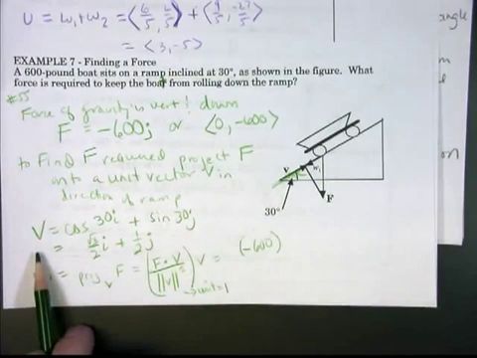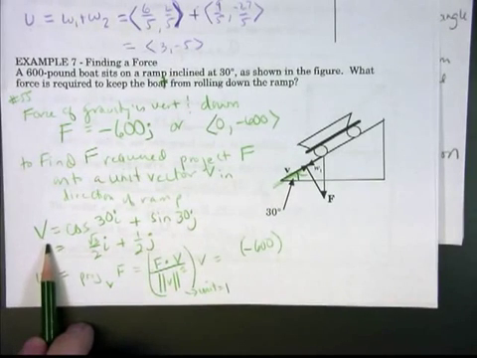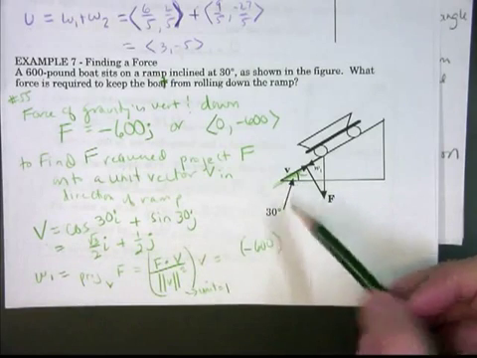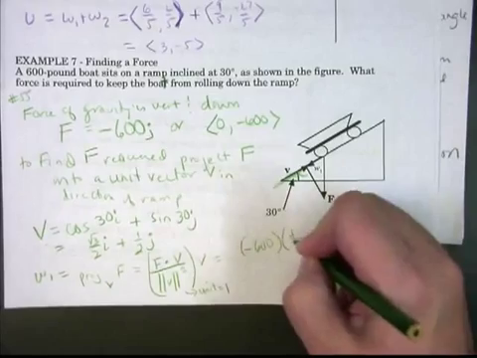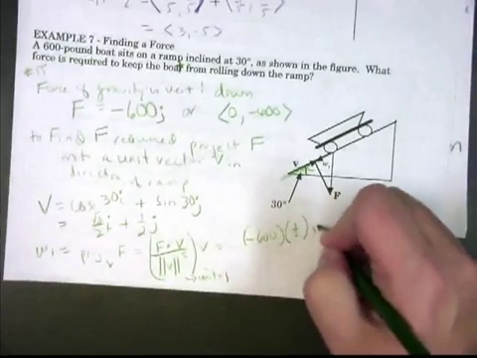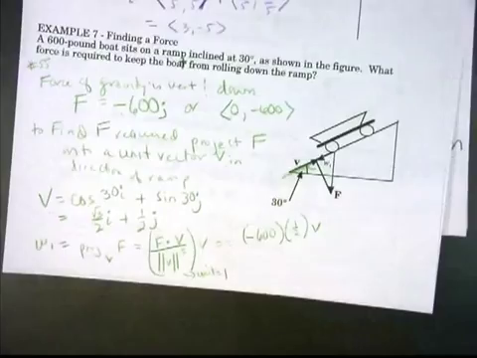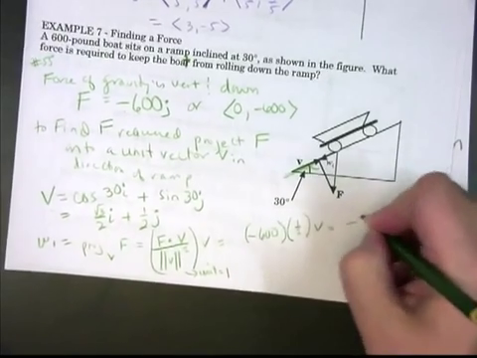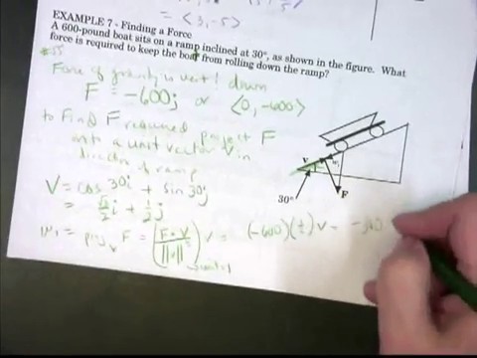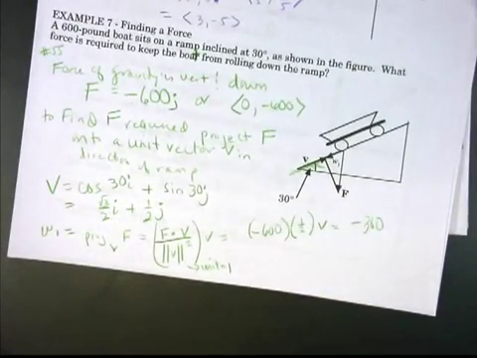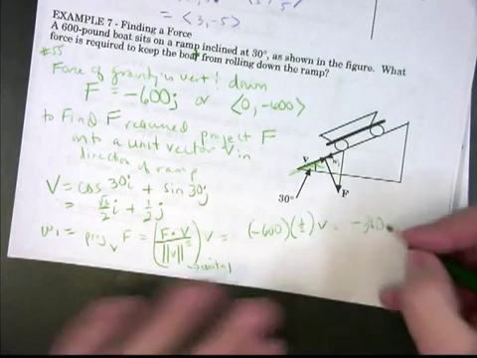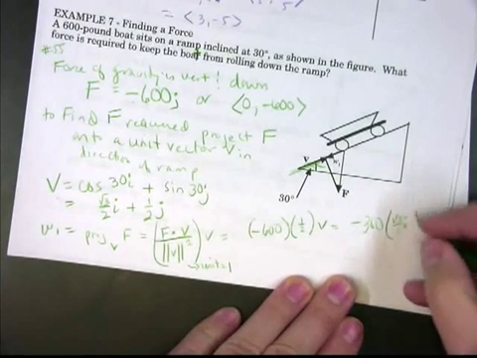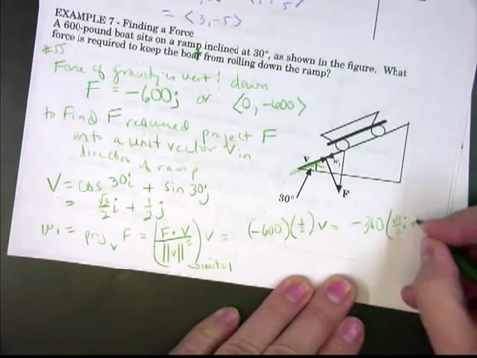We know the vector of v, which is the 1/2 of v. Which equals negative 300 times the vector, root 3/2 i plus 1/2 j.